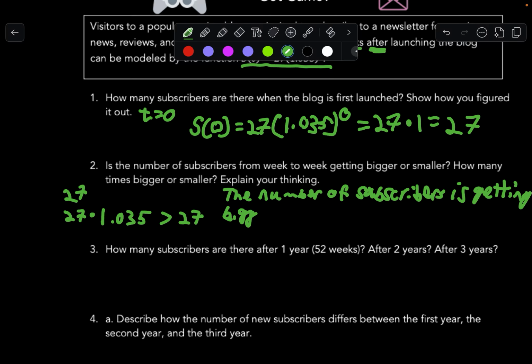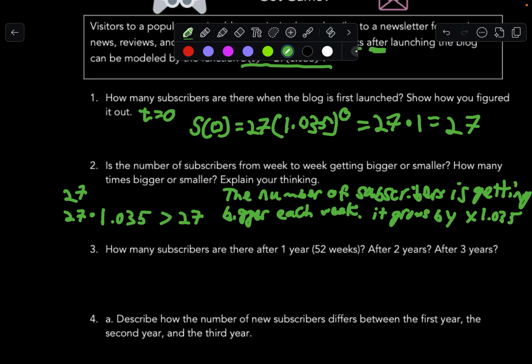What that means is it grows by multiplying by 1.035.